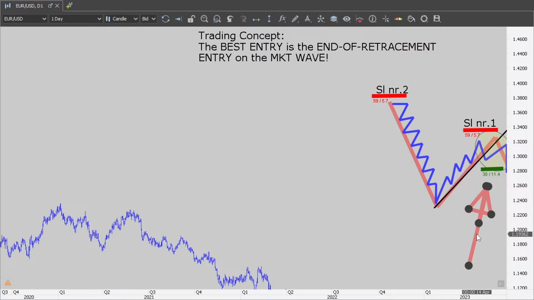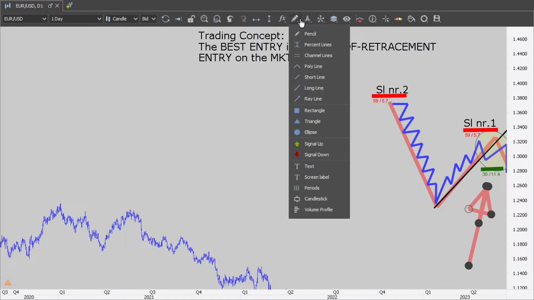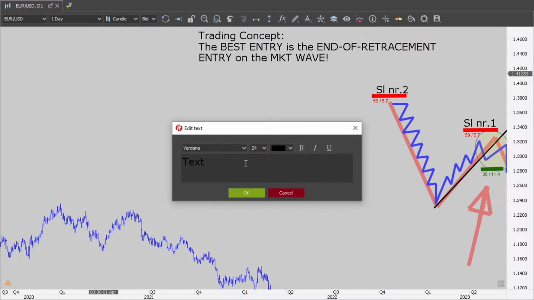Remember, it's a tricky question because we have another trading concept. It's really a trading rule. The stop loss goes on the pattern traded.